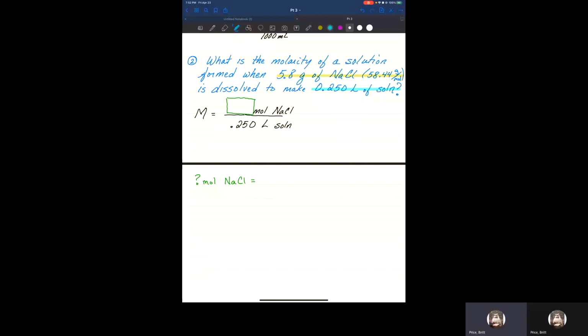There's my solution. The part that I have about the NaCl is that there's 5.8 grams of NaCl.